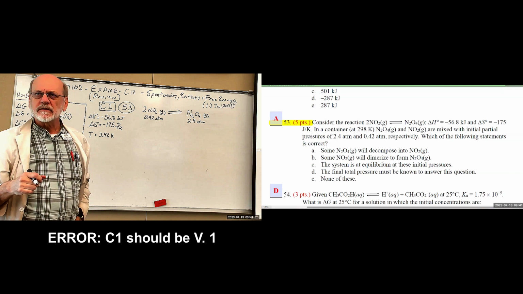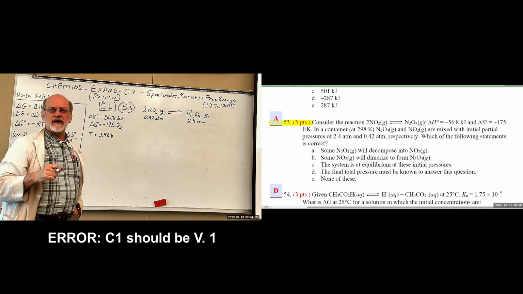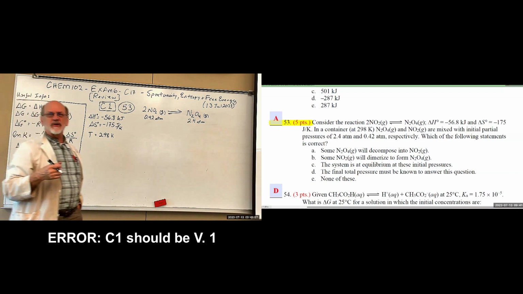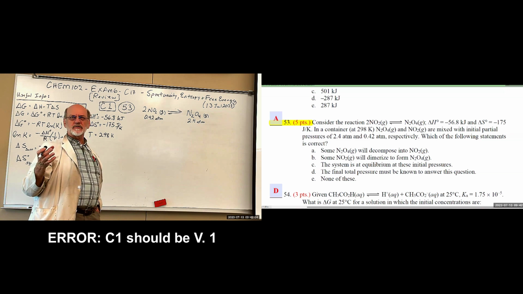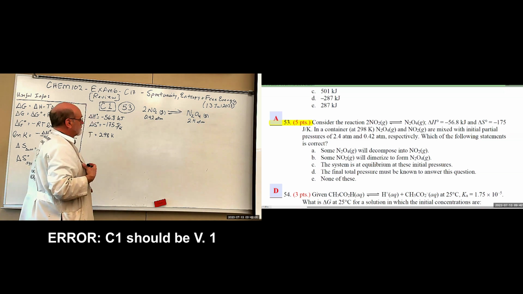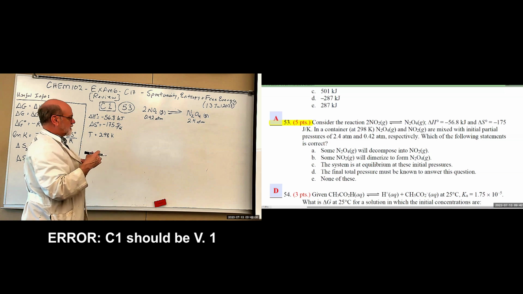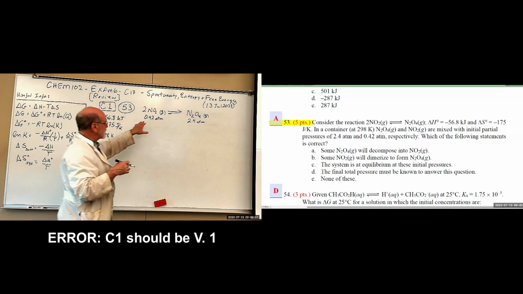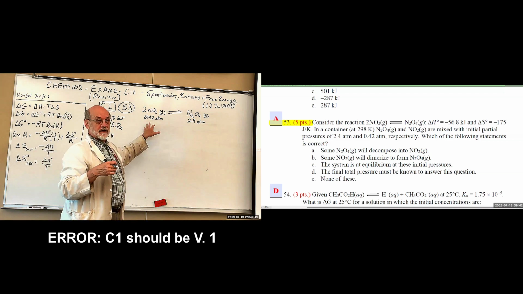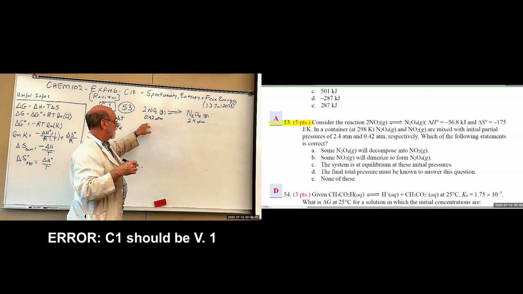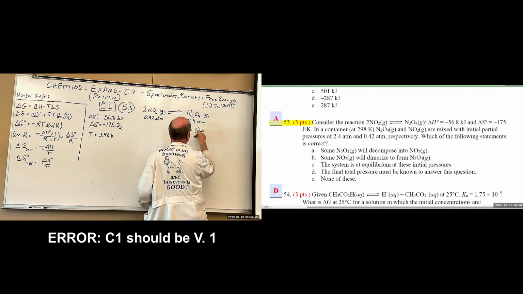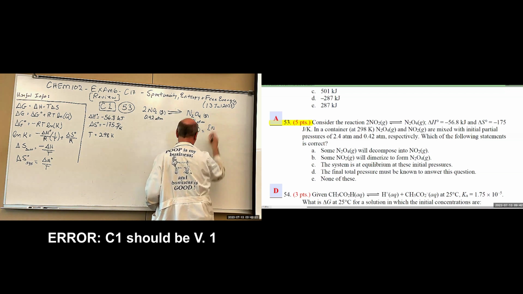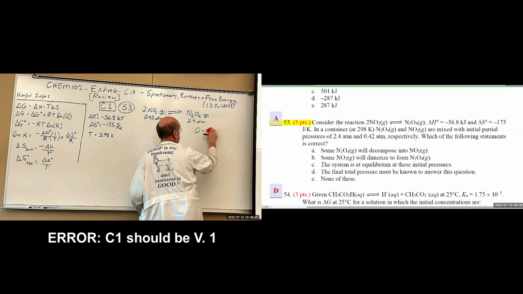All right. So is that everything we're given? Which of the following statements is correct? Some N2O4 will decompose into NO2. Some NO2 will dimerize to N2O4. System is at equilibrium. Final total pressure must be known to answer the question. Okay. So if this is the initial, we could calculate a Q value for this. The expression here would be Q equals, actually, that's not right because it's in partial pressures.